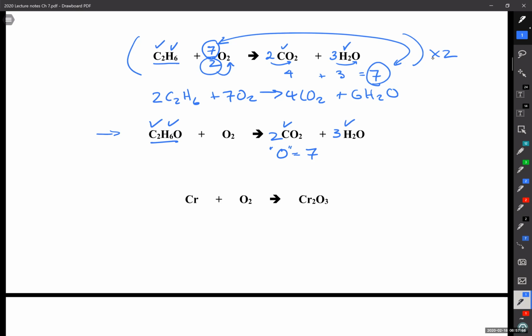So I need to have 7 total. You notice I haven't done anything with this one yet. So that means I can subtract that off the total that I need. All right? So 7 minus the 1 I have, that means I really only need 6. So I can just drop the 3 there.